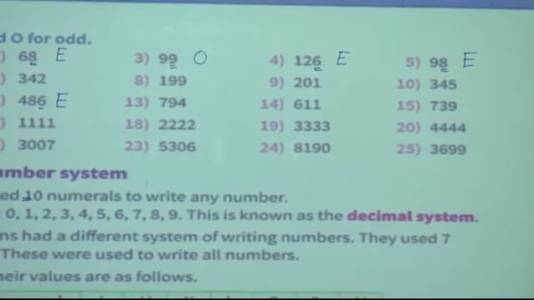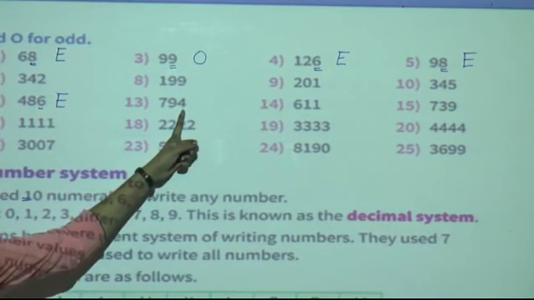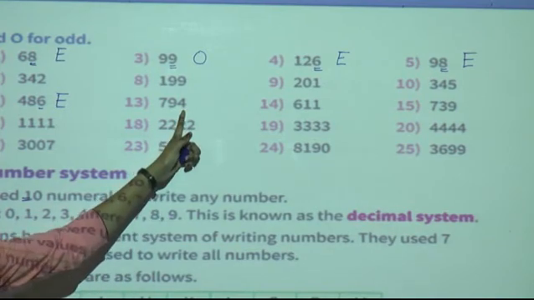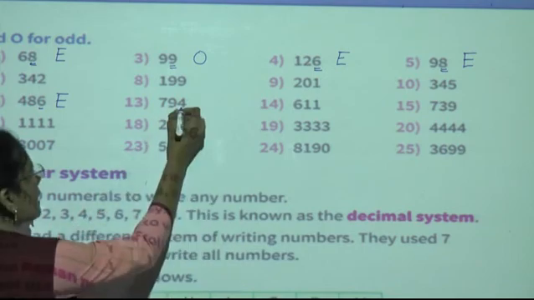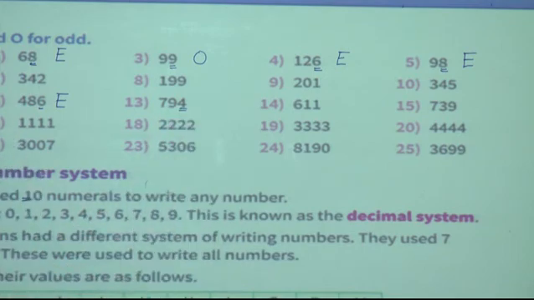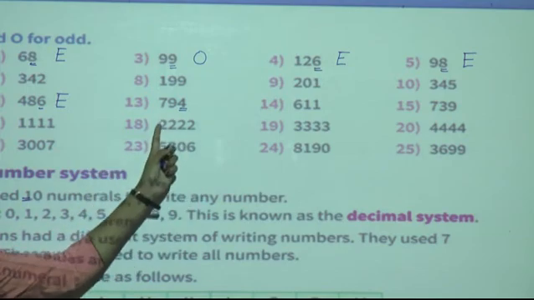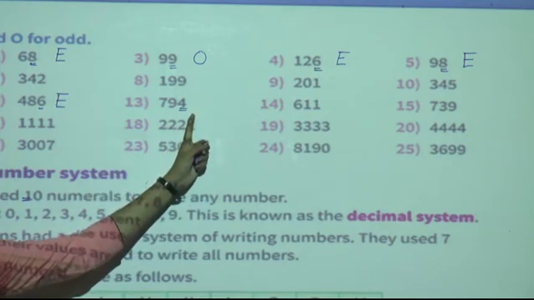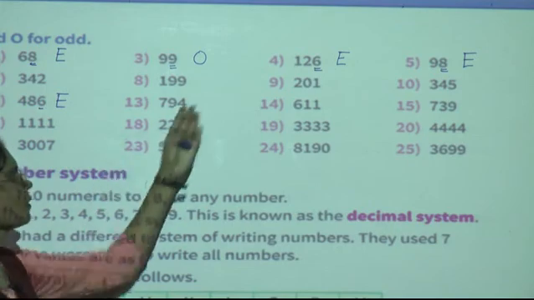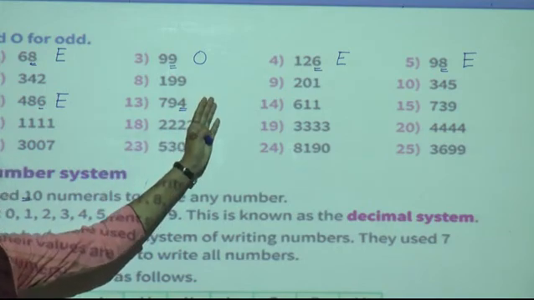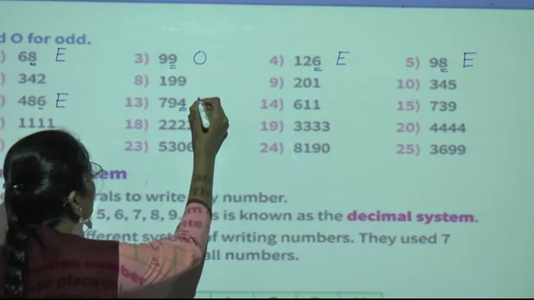In 794, at ones place which number is there? 4 is there. Can you tell me, is 4 even or odd? Yes, of course 4 is even. So this 794 is also an even number. So what will we write here? E or O? Yes, here we will write E.